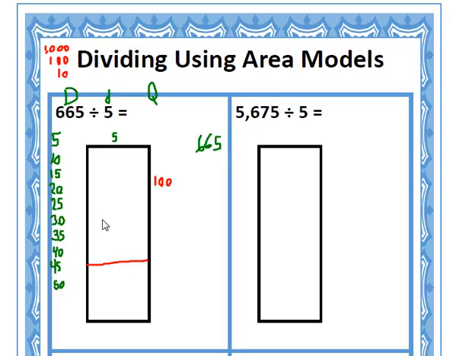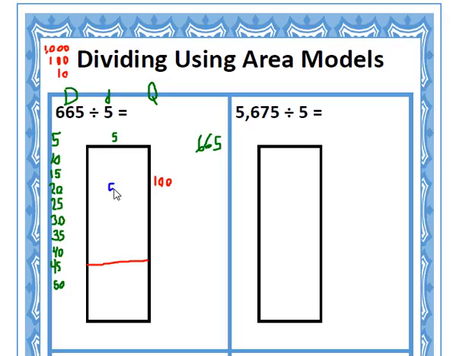Remember when we talked about finding the area of a rectangle or a square, we talked about multiplying the length times the width. That's what you're going to do here. So 5 times 100 is what? Right, 500.